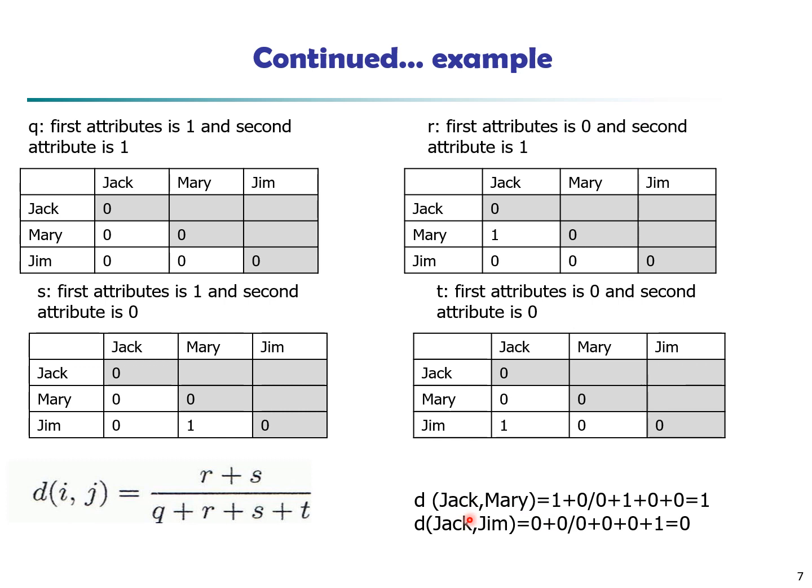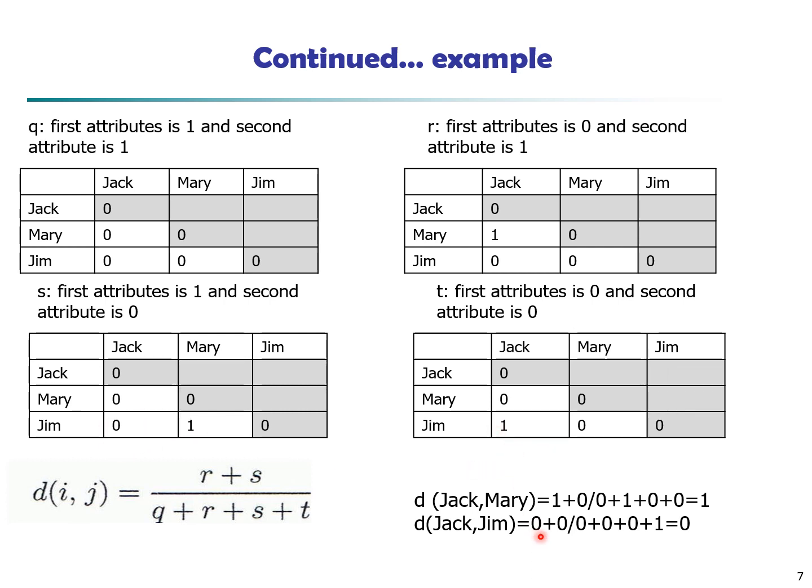And if you think about it, Jack is male and Mary is female, then the dissimilarity should be 1. Now, if we want to compare Jack and Jim, it is R 0 plus S 0 divided by Q 0 plus R 0 plus S 0 plus T 1.